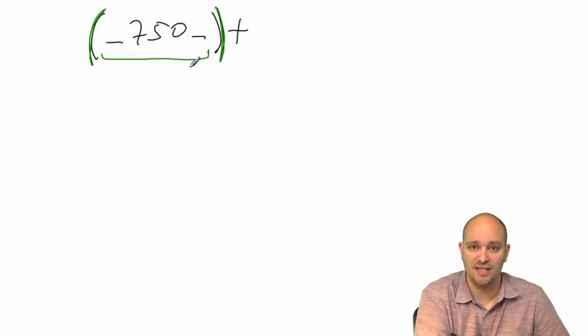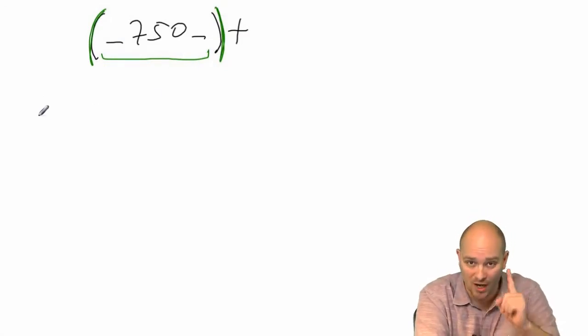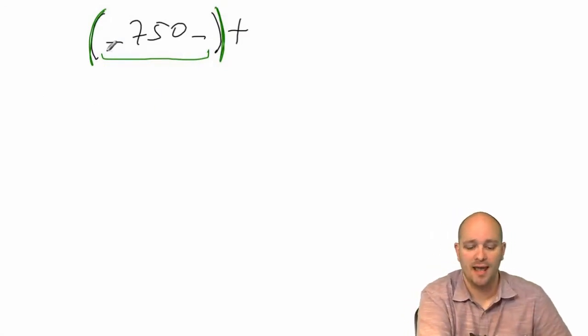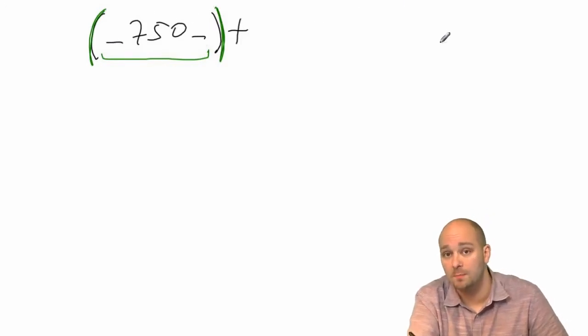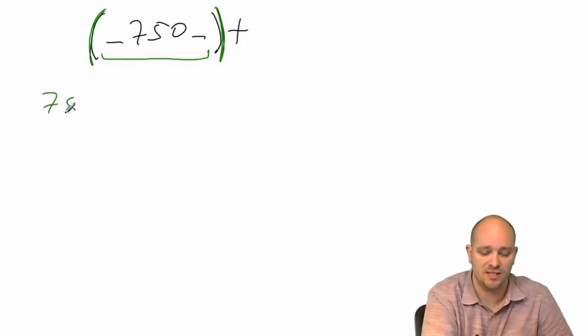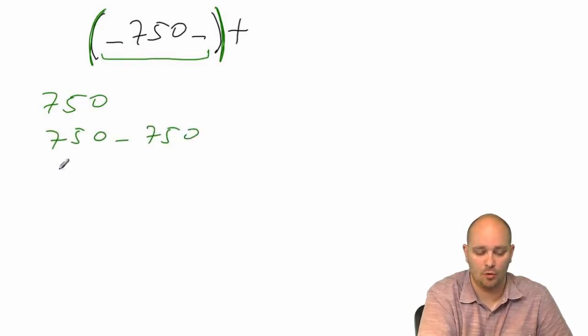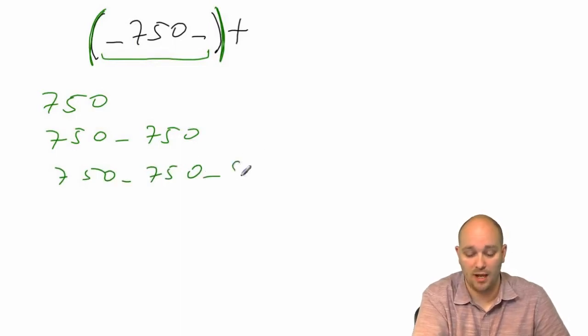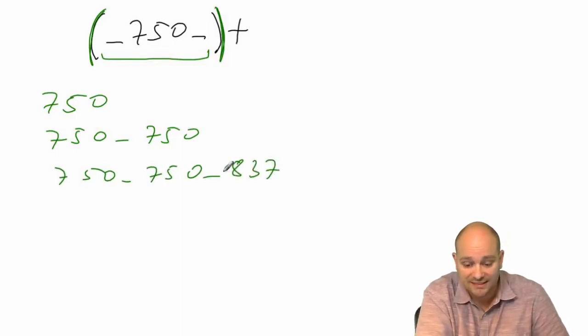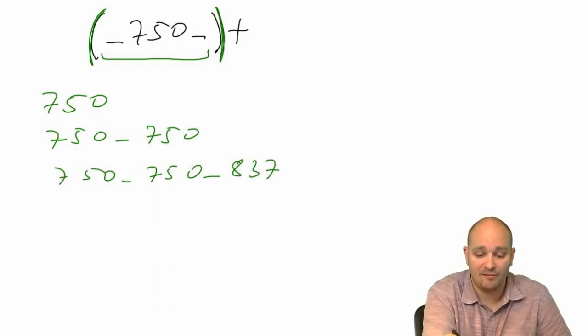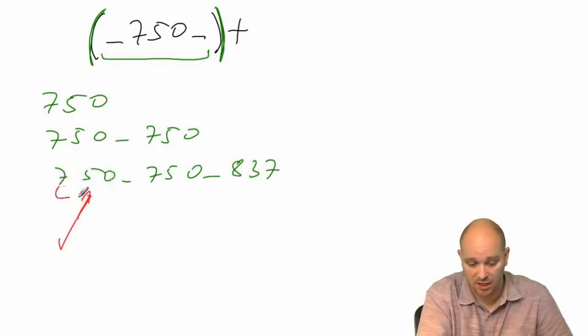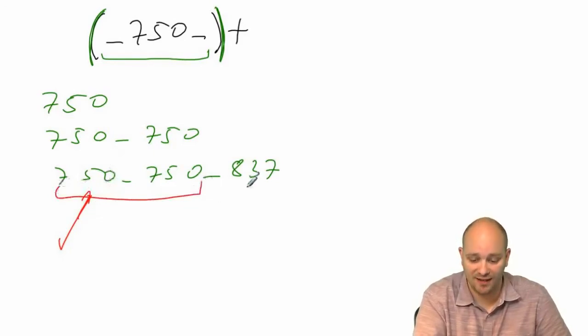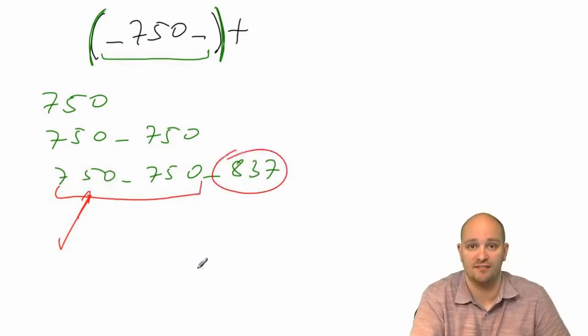This group of characters needs to be matched at least once, so it must appear, and then it may or may not repeat multiple times. So this will match 750, or 750 followed by 750, or 750 followed by 750, followed by 837, for example. This is okay, because we have one match here. Then it's okay to repeat itself, and then we have 837 here.